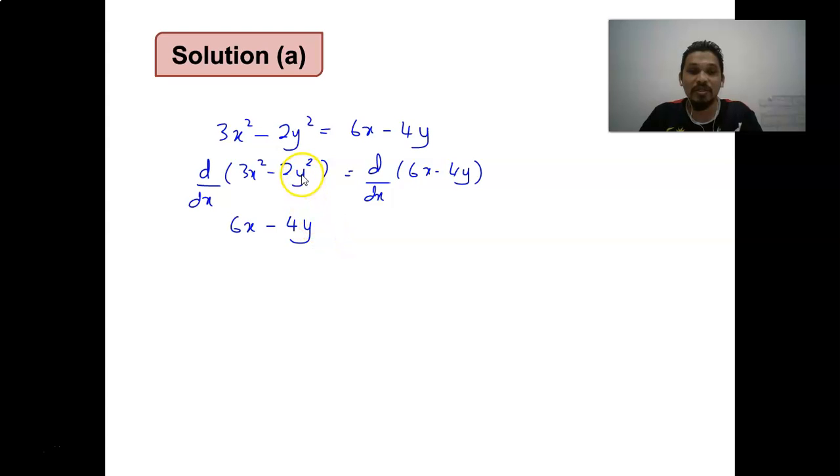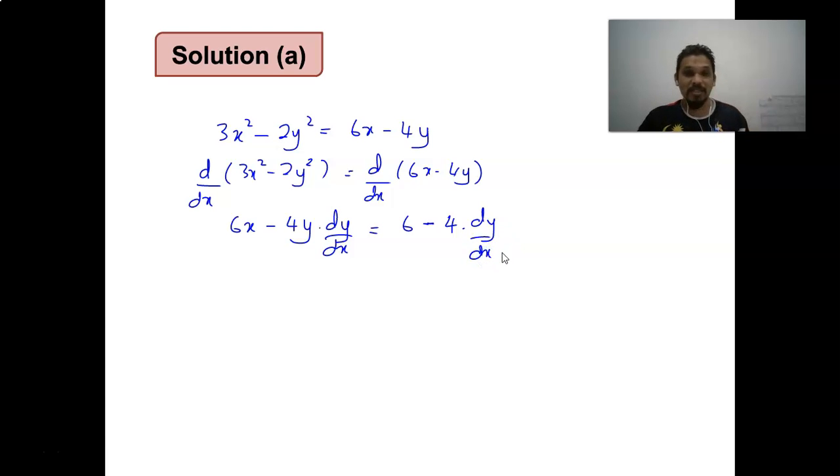And because we derive y with respect to x, then we must come up with dy dx. Okay, then derive 6x equal to 6 minus derive 4y equal to 4, and because we differentiate y with respect to x, then we come out with dy dx.